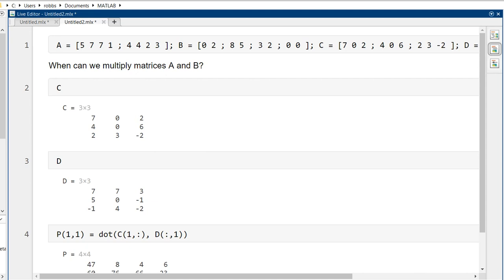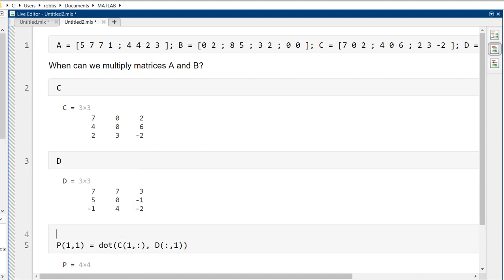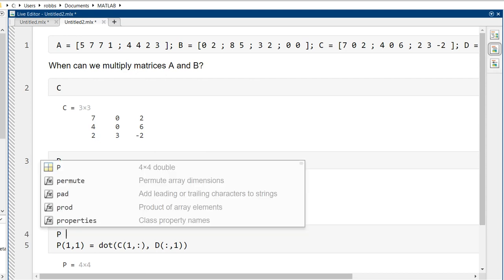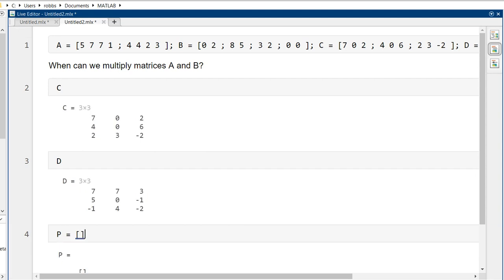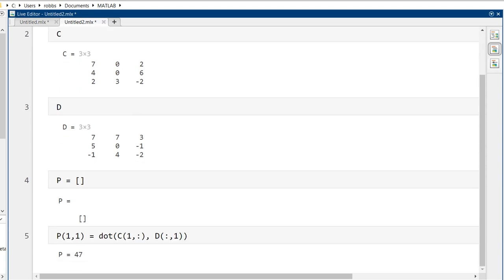Let's see. I think the empty matrix is that. There we go.